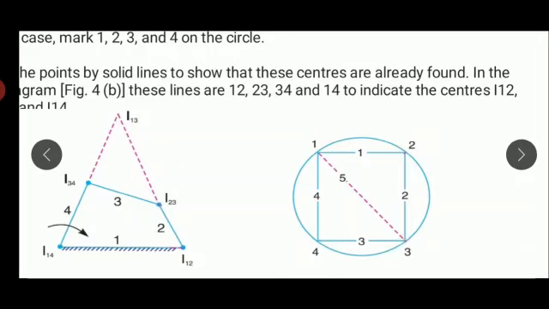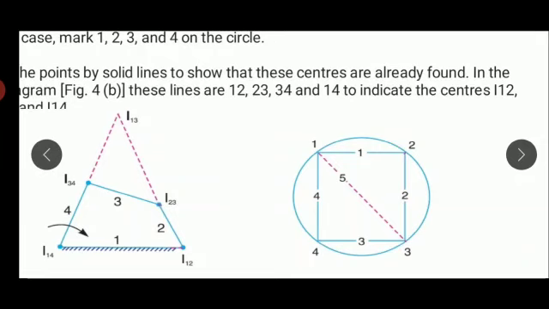Using both these triangles: in triangle 1, 2, 3 we are having 2 instantaneous centers, I12 and I23, and triangle 1, 3, 4 has I34 and I14. So we are having two sets of instantaneous centers.